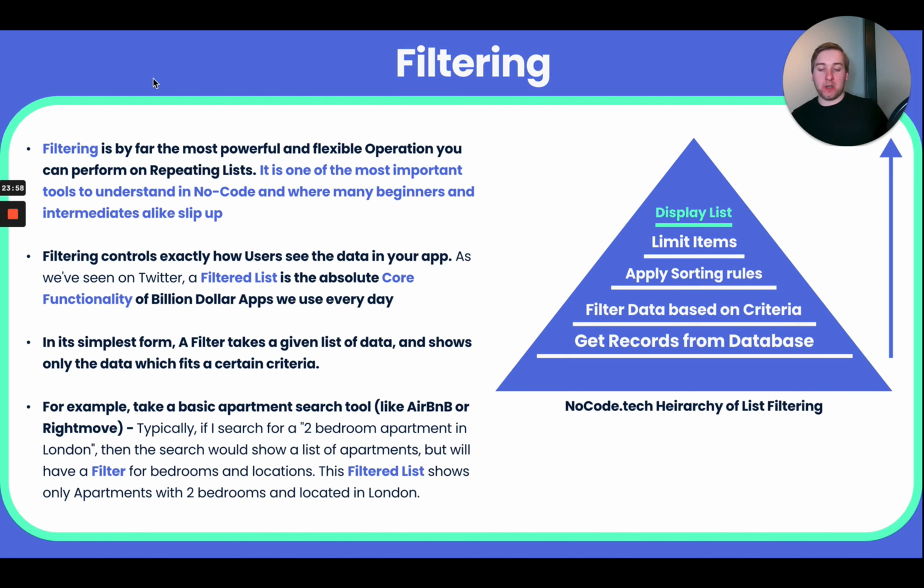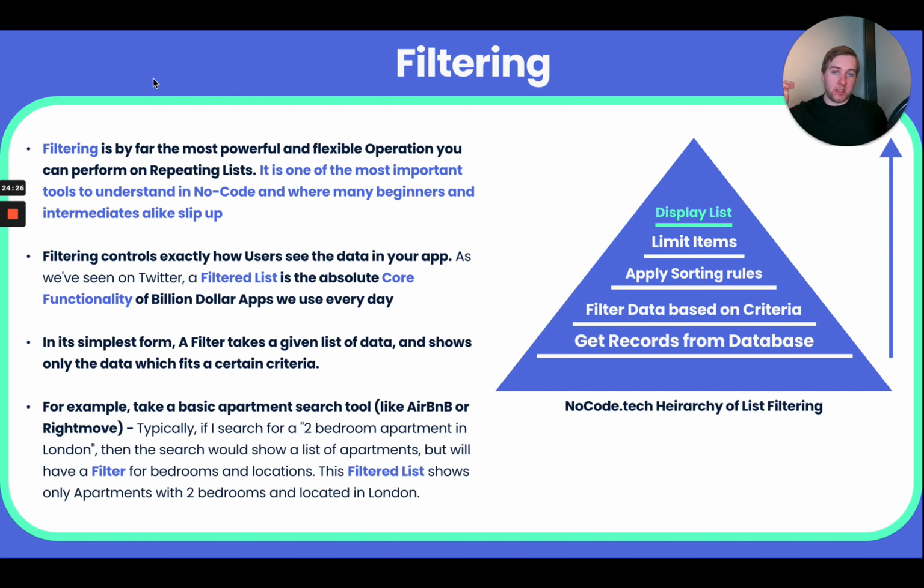So filtering is by far and away the most powerful, flexible operation you've got here. Limiting, sorting, pretty cool, but filtering is really important. Essentially, it lets you control exactly what data is pulled through your list, which means, in other words, it lets you control exactly how users are going to see your data. If you look at Twitter, for example, that is the peak example of a filtered list.